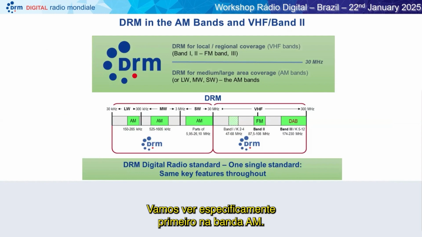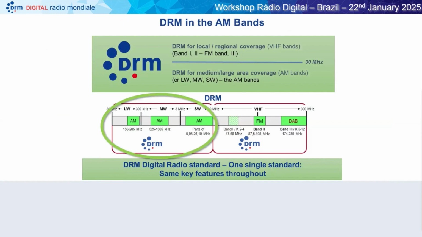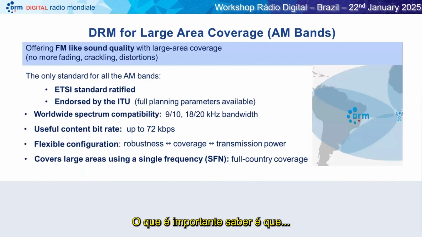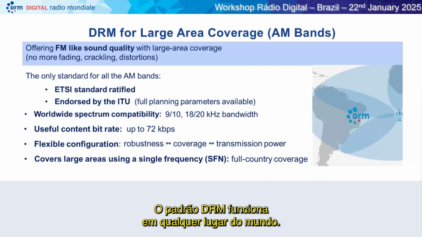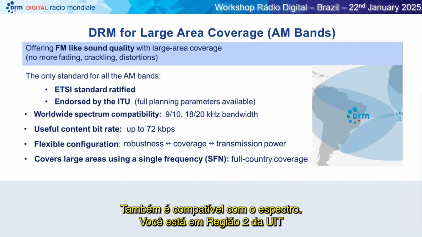Let's have a look specifically first at the AM band. What is important for you to know is that it's the standard, and it's endorsed by ITU. So the DRM standard can work everywhere in the world. It's also compatible with your spectrum. You are in ITU region 2.